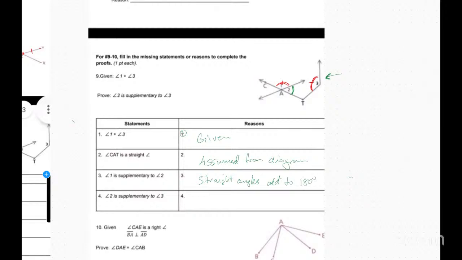And then 2 is supplementary to 3. And again, this is where you need your list of reasons. But I think there's something that says supplementary angles to congruent angles are supplementary, or something like that.